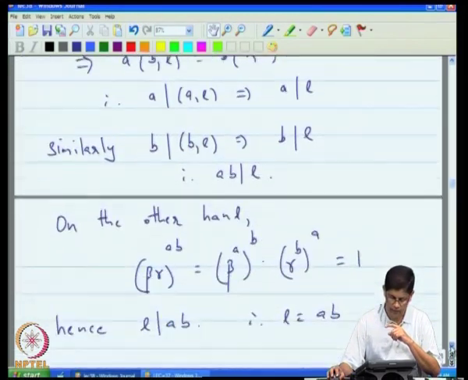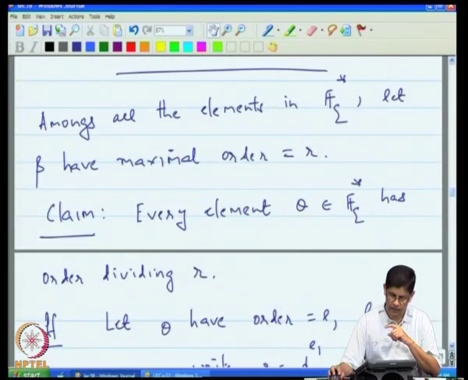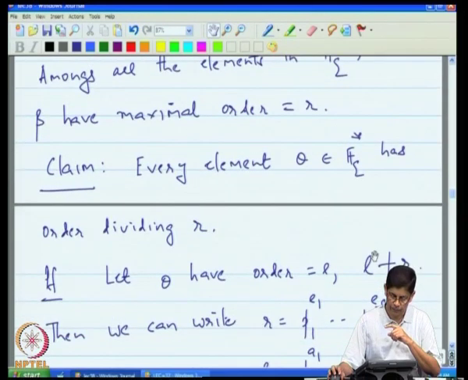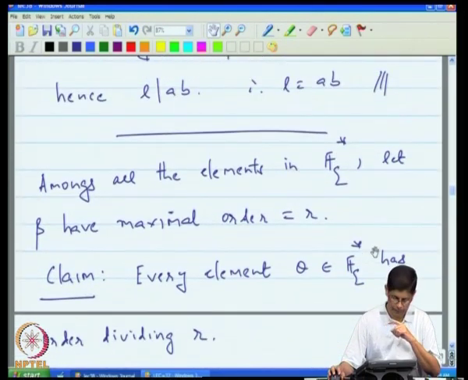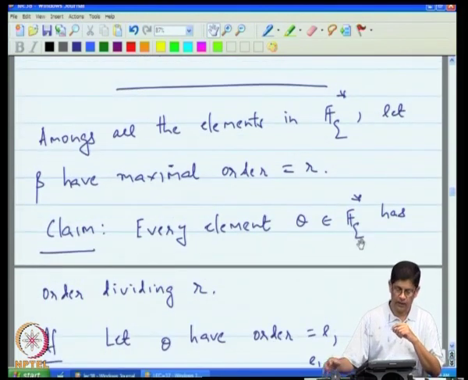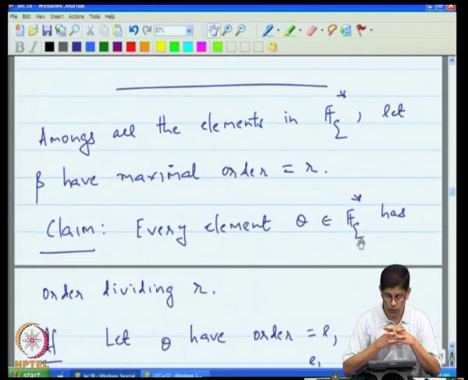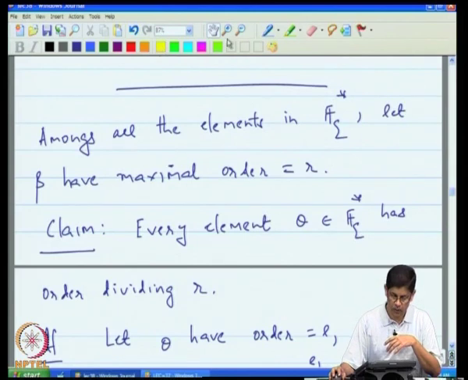How do you use that? Well, it turns out that you can use this to show that amongst all the elements in F_q star, let us say that there is an element beta whose order is the maximum. What does that mean?